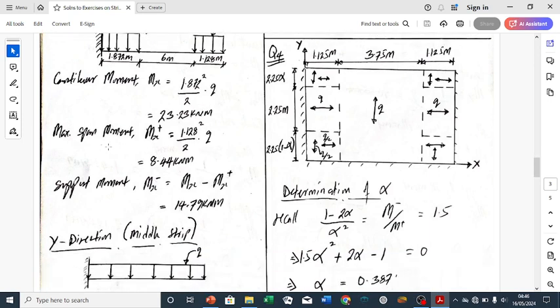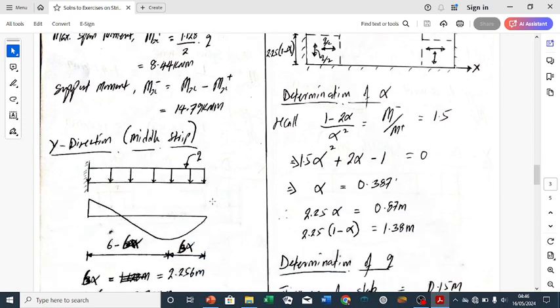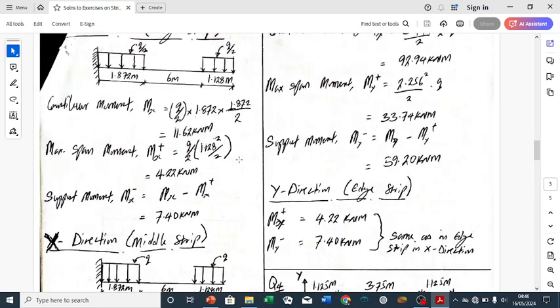And if we calculate the span moment the same way, we have 8.42. To get the support moment, we subtract the maximum span moment from the cantilever moment, and that gave us 14.79.